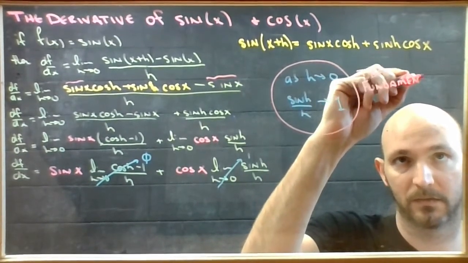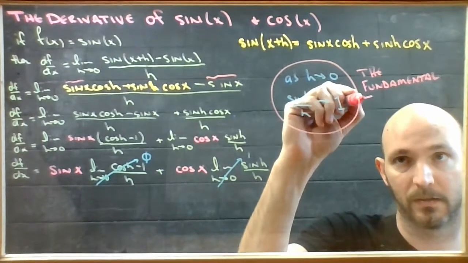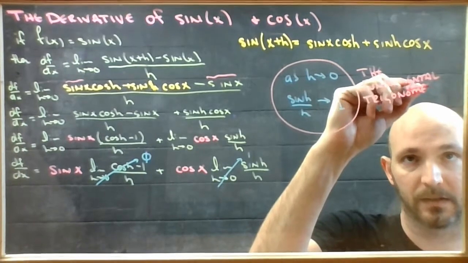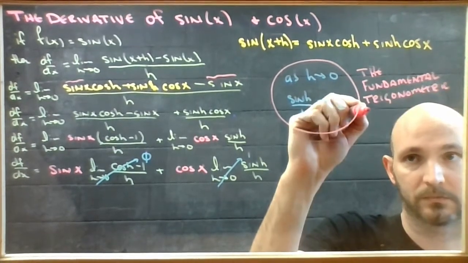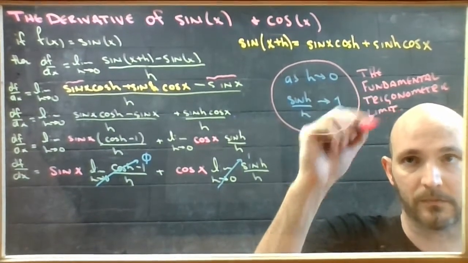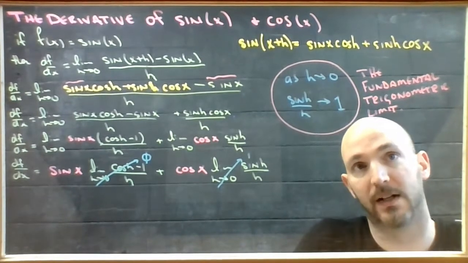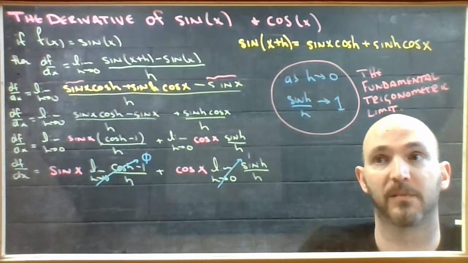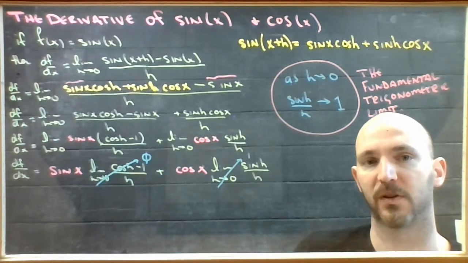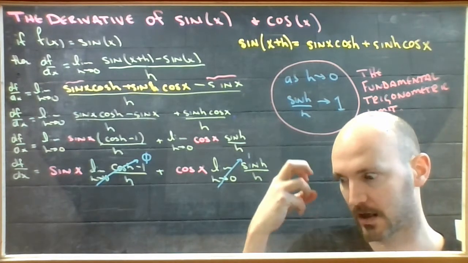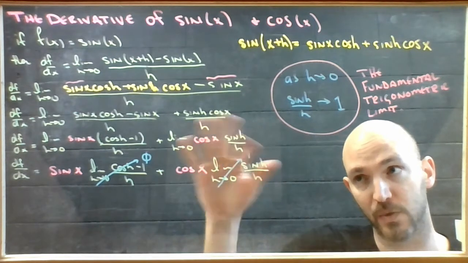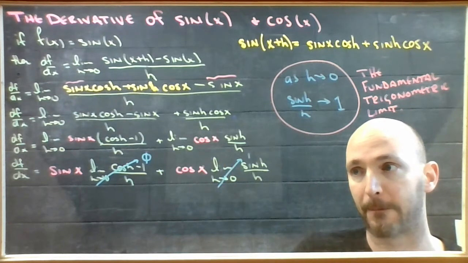We are going to take advantage of it again when we do the derivative of cosine. It's something you should add to your formula sheets or the archive of important facts that you keep, so that you can do these types of derivatives later.